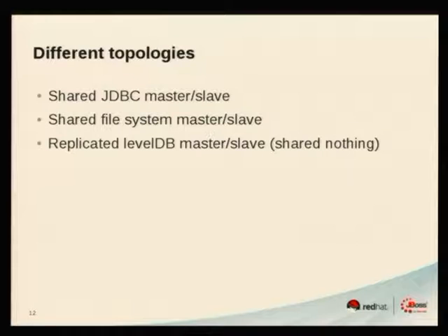The biggest is that you have a single point of failure, because when your database goes down or your file system goes down, you lose your data because it's the only place where the data are stored. But replicated LevelDB brings the advantage that the brokers, which logically form one broker, don't have to share anything between them. They just communicate by exchanging messages, and slaves are kept in sync with the master.